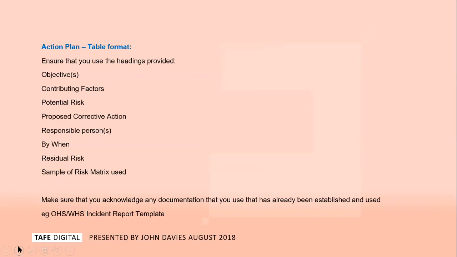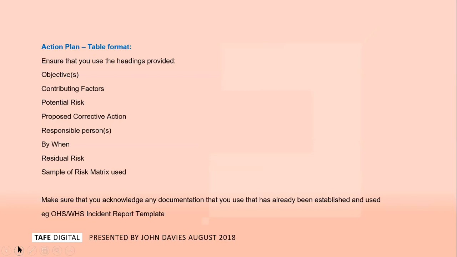Persons responsible. Assign a person or persons responsible for developing and implementing each of the corrective actions. These persons need to have a management position, and it's a good idea to attach the names of these people.